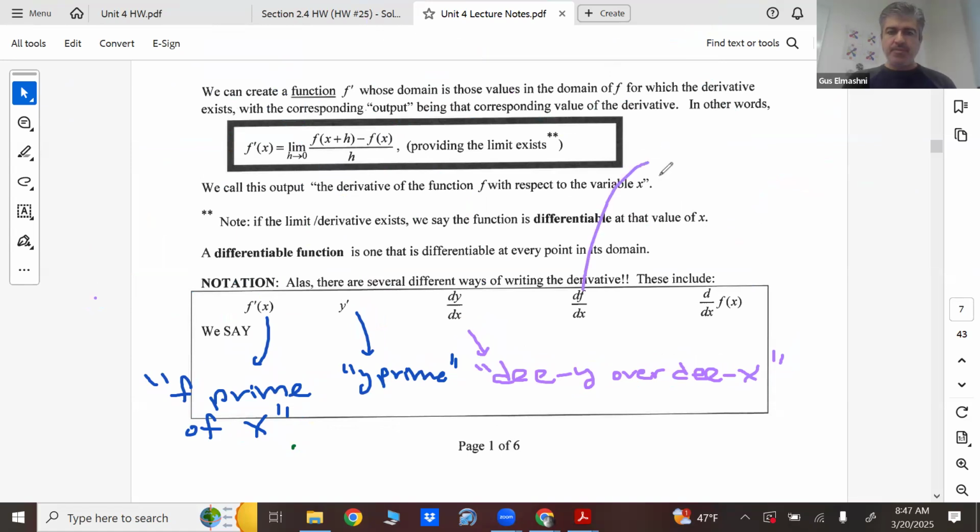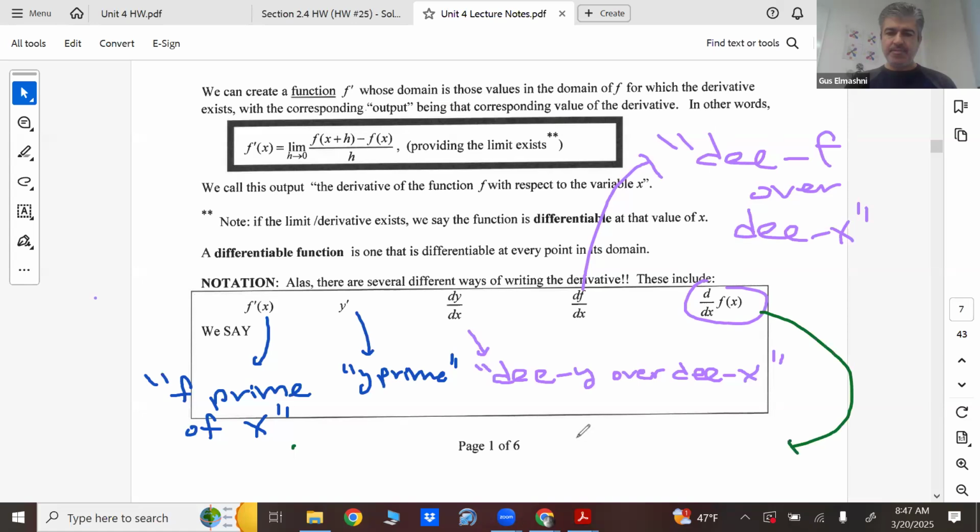This right here, we'll say df over dx. And lastly, this is kind of an important one too. We'll say d over dx of f of x.